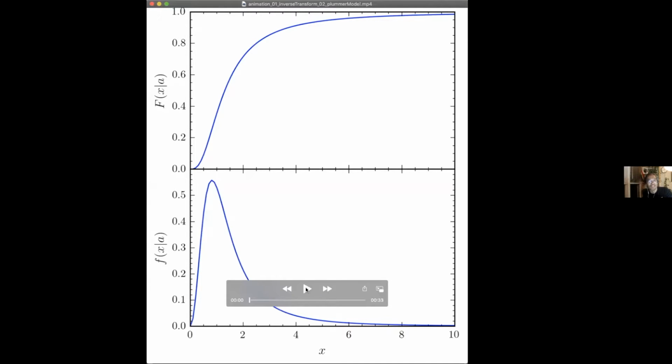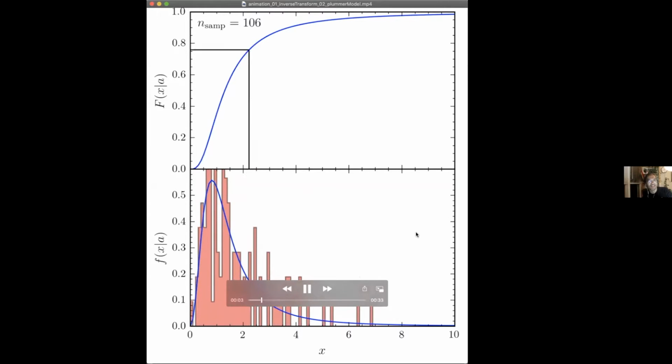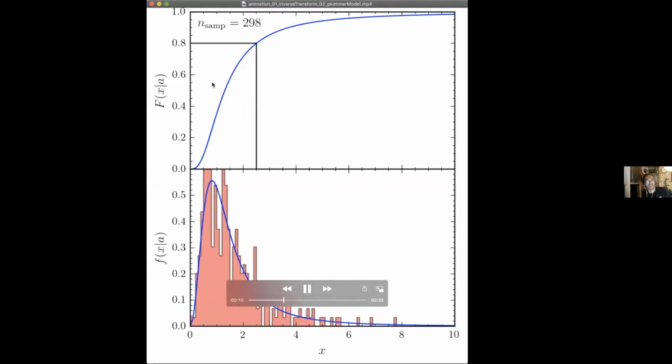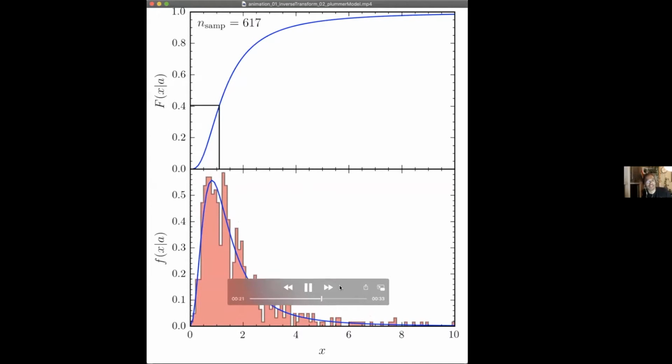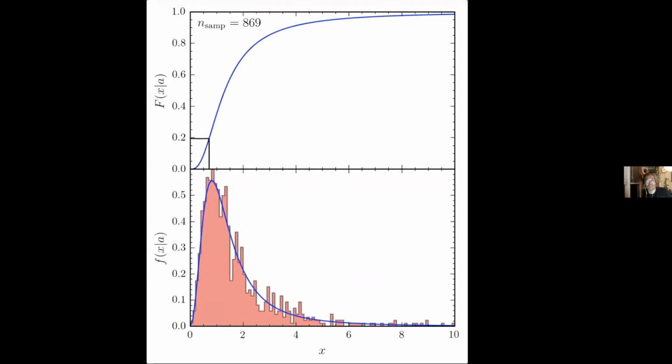So now we're going to sample from it. Can you see the animation? It's moving. It's generating a random number here between 0 and 1, and then we use the inverse of the CDF to get the position of X. Over time, it will approximate the Plummer distribution.